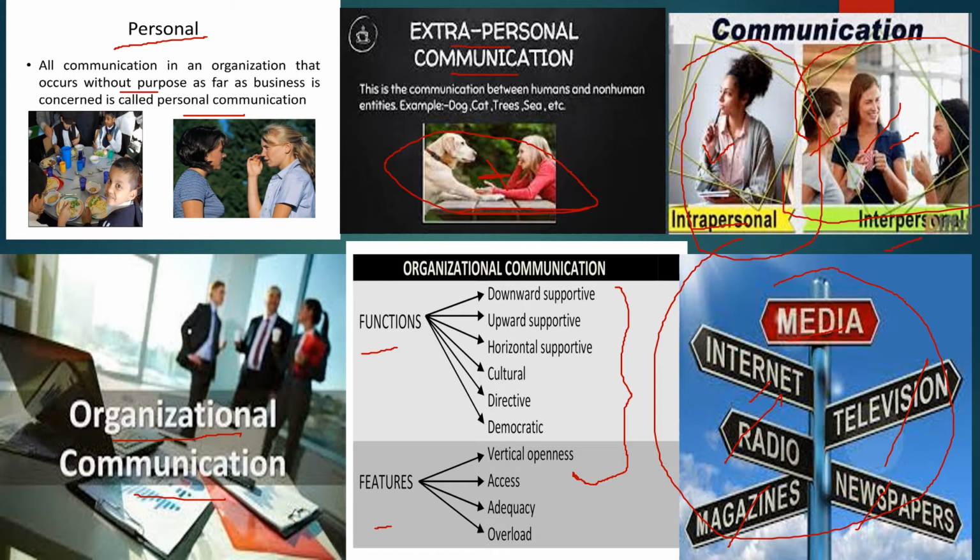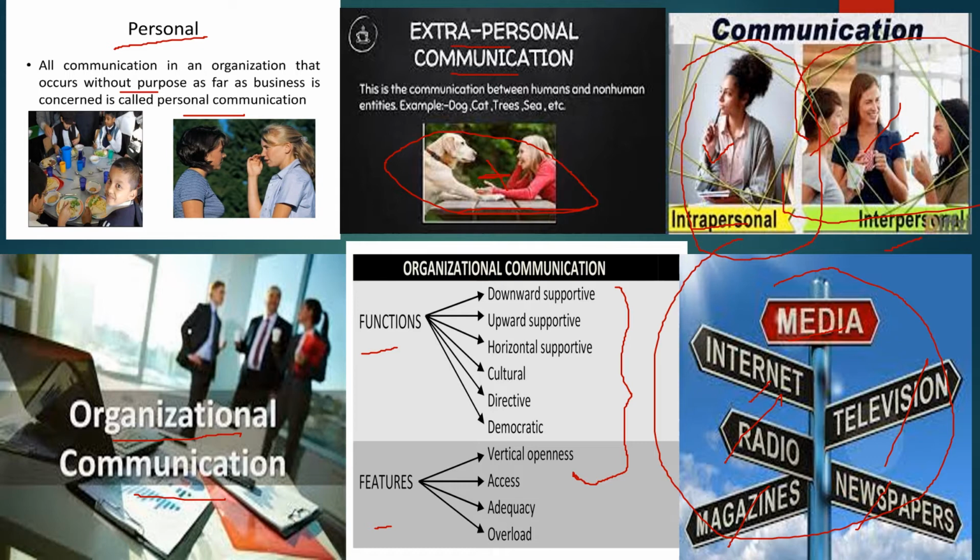The kind of communication can be further divided into internal operations, external operations, and personal. Internal operations are all communication that occurs within the organization. External operations are the work-related communication that an organization does with people outside the organization.